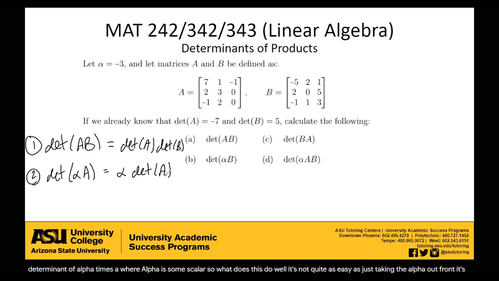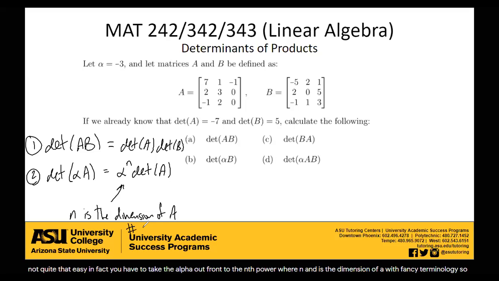In fact, you have to take the alpha out front to the nth power, where n is the dimension of A. So n is just the number of rows or columns, right? A has to be a square matrix anyway, so the number of rows equals the number of columns.